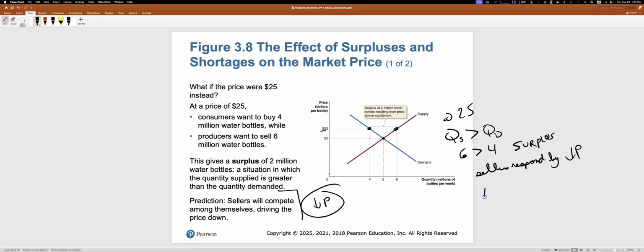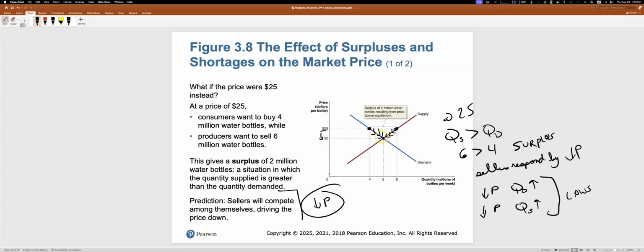And as they lower the price, what do we know happens? Quantity demanded rises, and quantity supplied decreases. We know that from the various laws, meaning that we move along the demand curve and along the supply curve as the price falls.